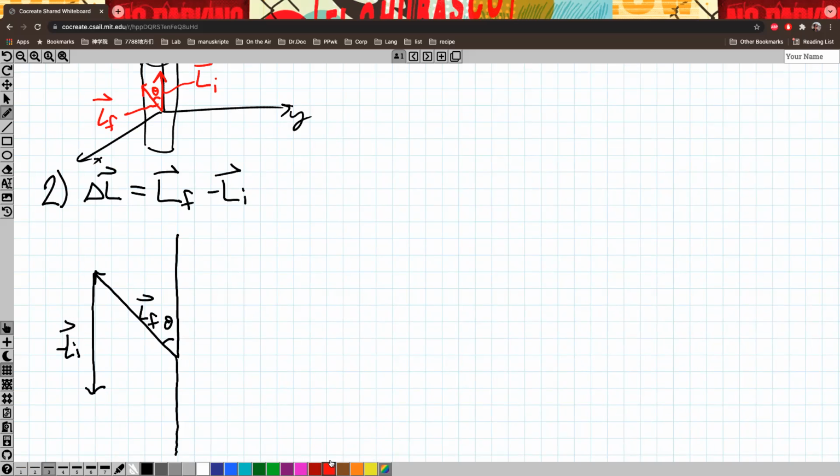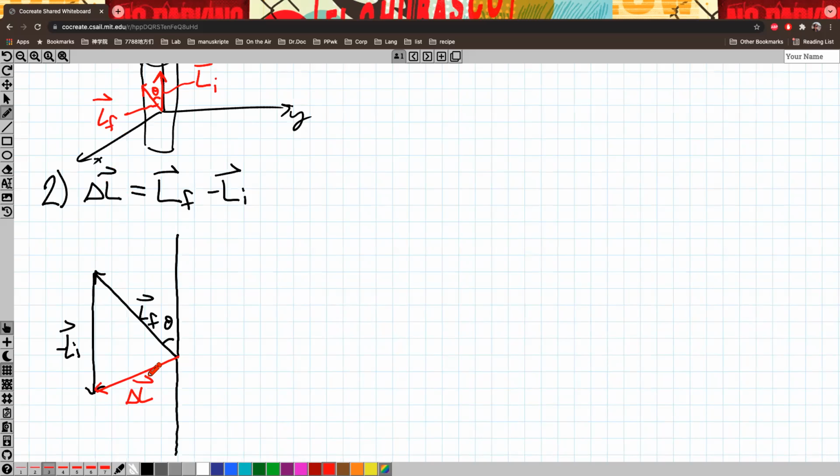Yeah, if you use the Z rule, the top angle would be theta. Precisely. So here's your delta L vector. And now in the limit where theta goes to zero, what's going to happen here?